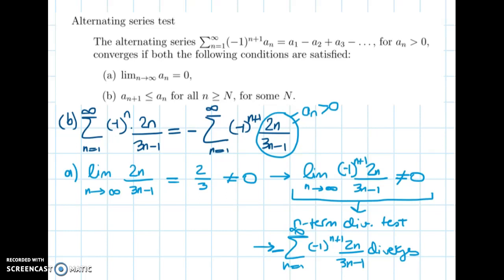So it's good to check the first condition, because if it does not hold, then we can apply the n-th term divergence test, and we know that the series diverges and we don't have to do anything else.